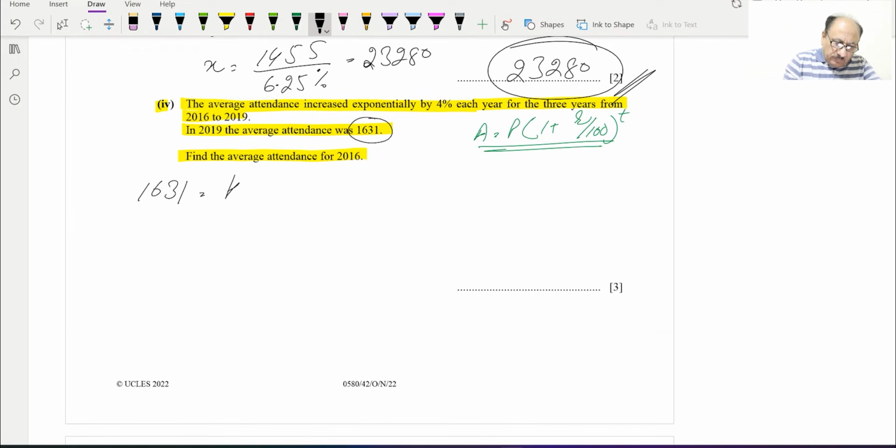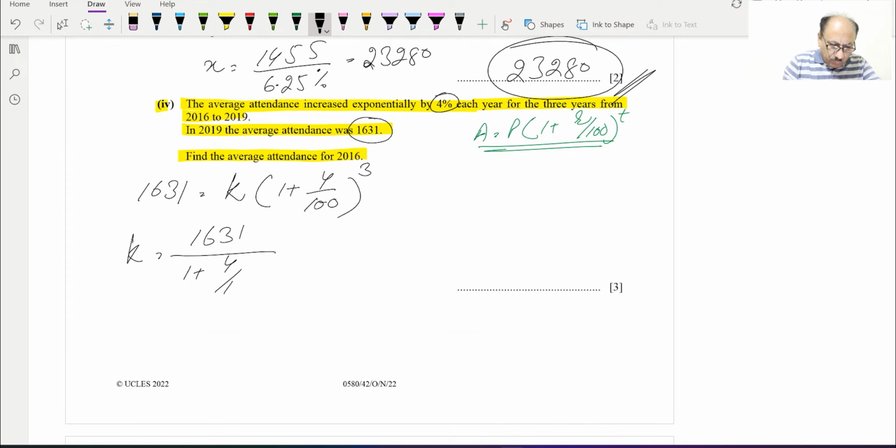P value we can take as k, some k value into 1 plus rate is 4%, so 4 over 100, and duration is 3 years, so we write here 3, and k will be equal to 1631 divided by 1 plus 4 over 100 raised to the power 3.